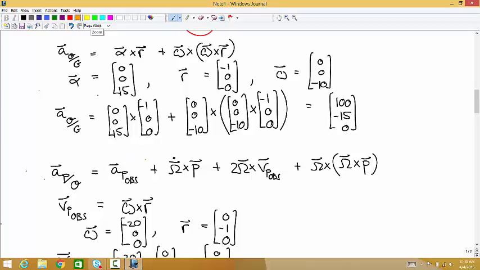So everything that we calculated would now be the acceleration of p observed, and we'd include the correction coming from the bigger system. So you start with the acceleration observed in one coordinate system, add the correction to go to the acceleration observed in the next coordinate system, then add that correction, and you can do that as many times as needed.